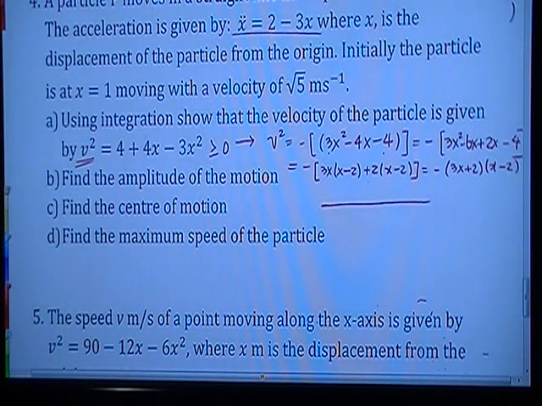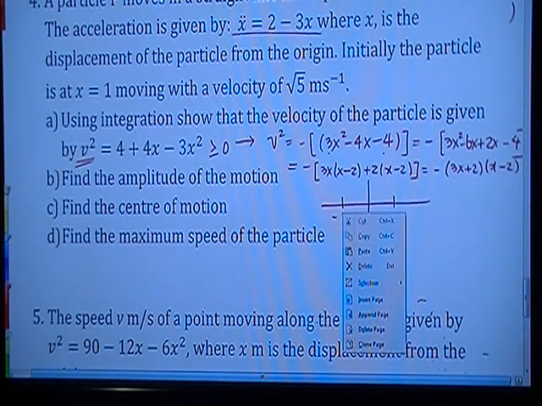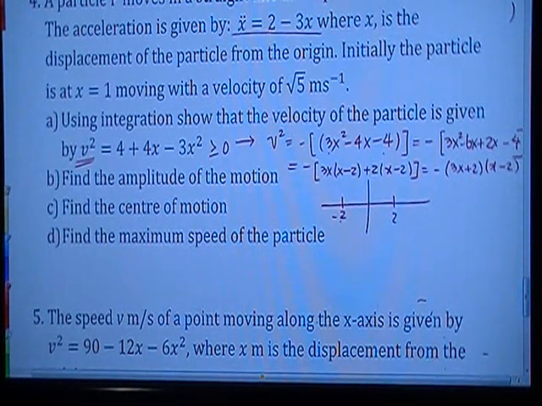So here you've got your velocity. It's a frowny. It goes from 2 and minus 2 on 3. Remember, our center was at 2 on 3.